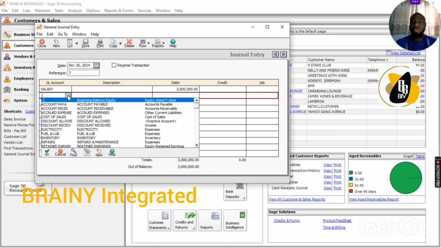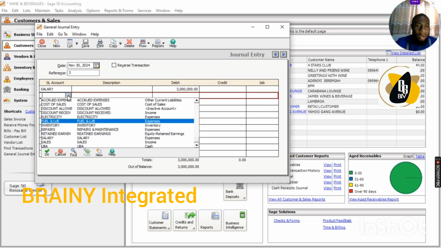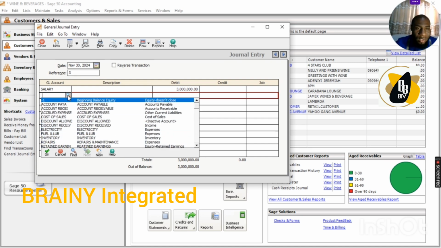If you use your accrued expense account, it's just going to increase your accrued expense in the statement of financial position. If you use your salary control account, it is going to increase it too. So I want to use salary control account.